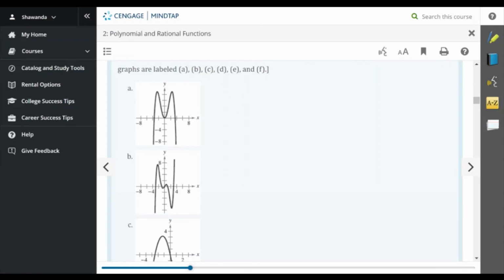For B, notice one end is going one direction and the other end is going a different direction. That would be odd degree because they're going opposite directions. If they're going the same direction, it's a quadratic. Remember, a parabola is either going both up or both down. A cubic has one side going up and one side going down. So B would be an odd degree function.